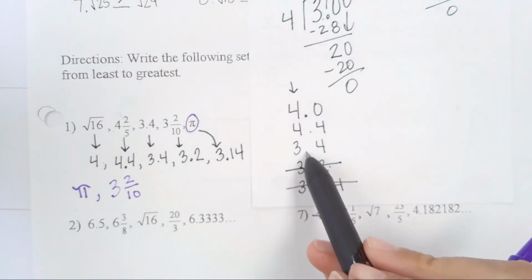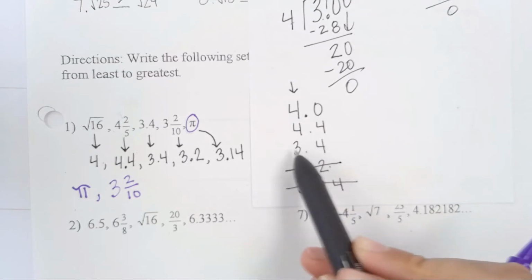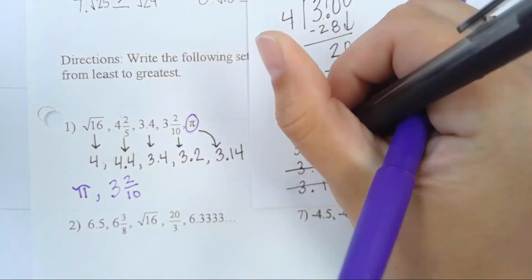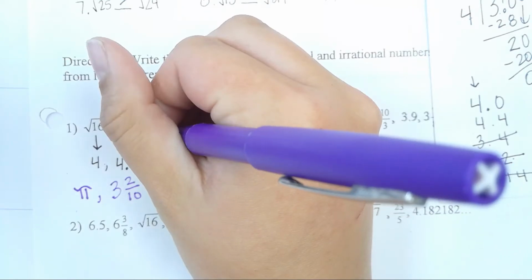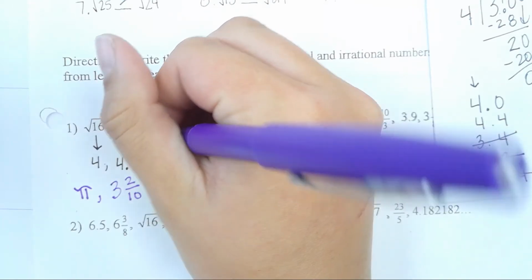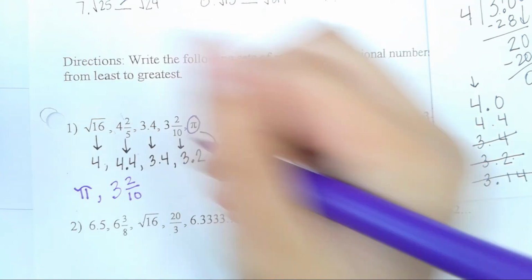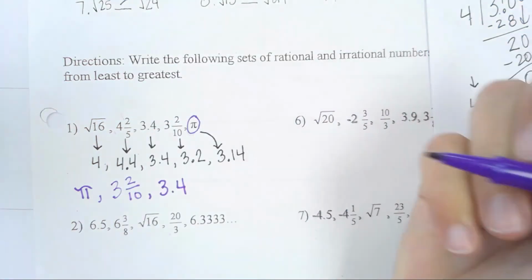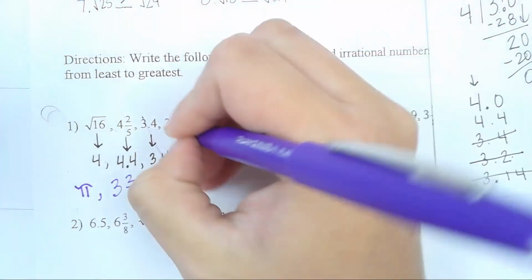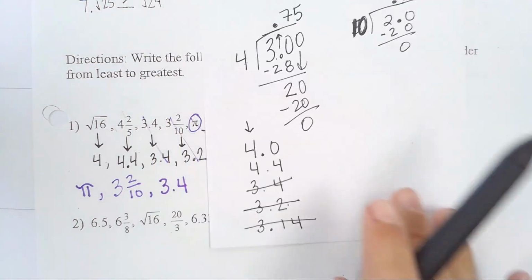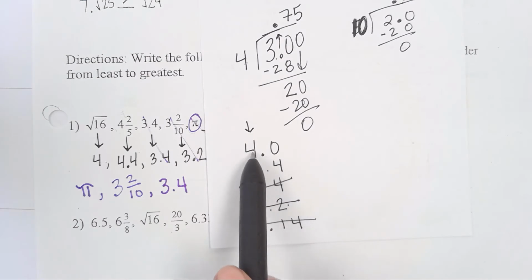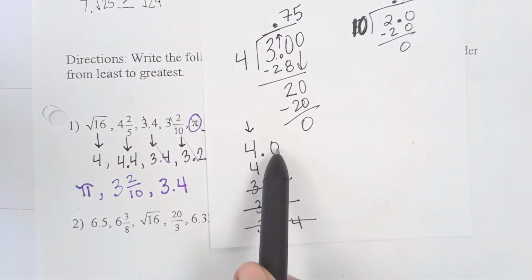And then the only last whole number 3 that we had here was the 3.4, so that is going to be the next number. And we had that already as 3.4, so we're just going to leave it as 3.4. Okay, so that takes care of all of those numbers. So now we're going to go back to our 4s. Okay, so our next least number is either going to be 4 or 4.4.